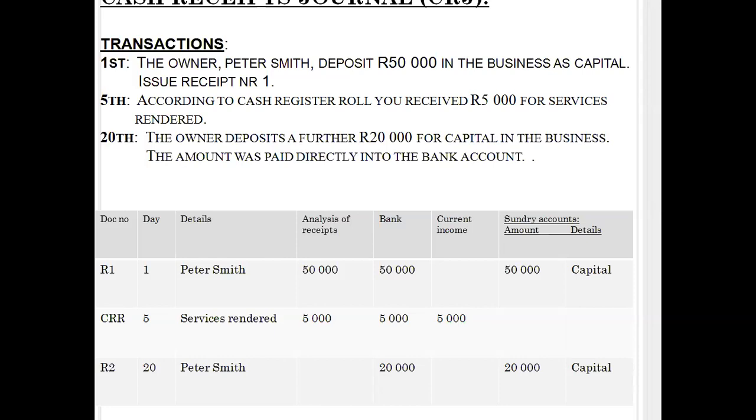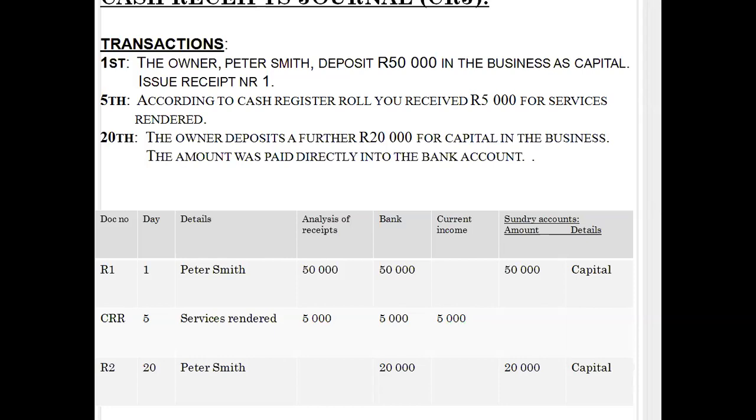Okay, now let's see how it was entered. The first column is your document number column. We've got cash register roll there, CRR, the abbreviation you use. They didn't give us a number there, so you also don't put a number there. Day is on which day did the transaction happen, on the 5th.